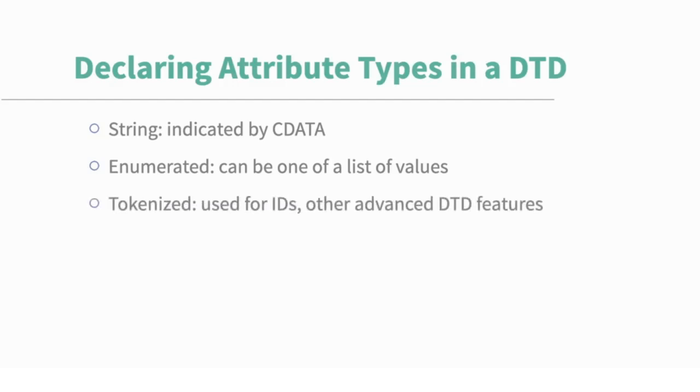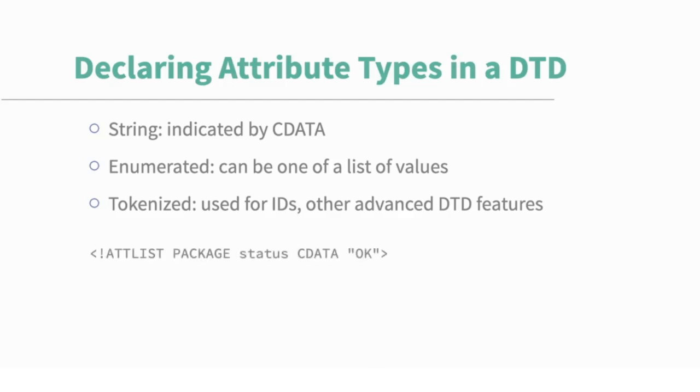And then there's the tokenized type. The tokenized type is reserved for things like IDs and ID references and other advanced features of DTDs. I'm not going to go into that here because it's a little bit advanced. I'm going to cover the string and enumerated types because, once again, these are by far the most common examples you'll run into when declaring DTDs for your XML files.